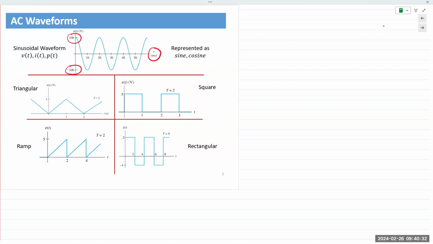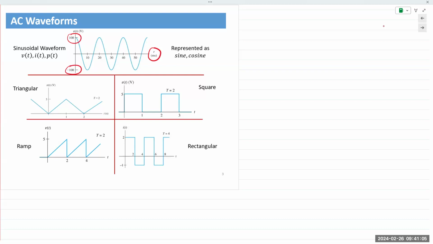When researchers first discovered a way to actually generate electricity, it was from a circular generator, and hence an alternating waveform. So alternating current. That's where the name AC comes from. If you think back to the first day of class where I talked about the difference between DC and AC, I referenced what DC stands for, anyone remember? Direct current.